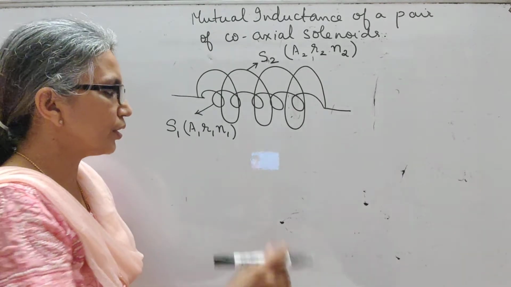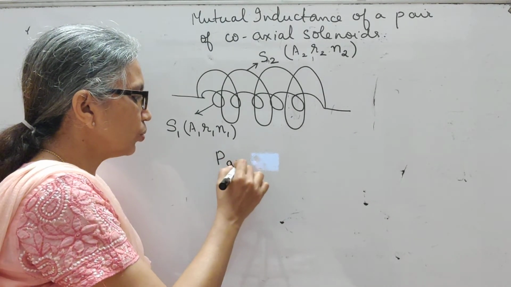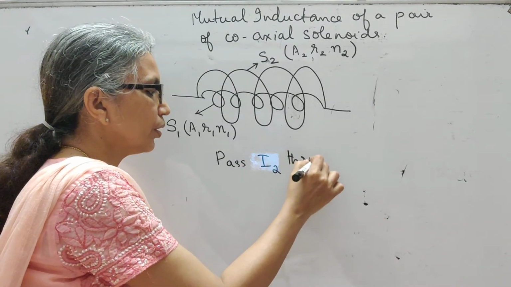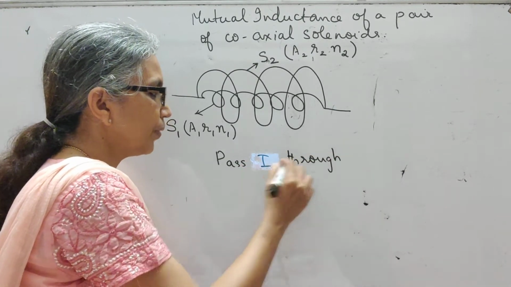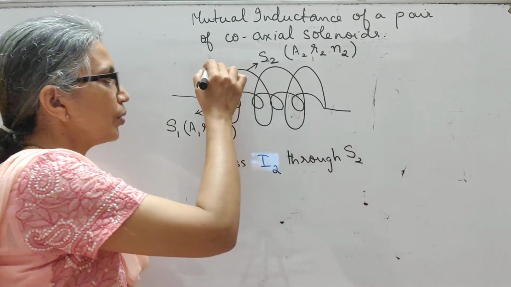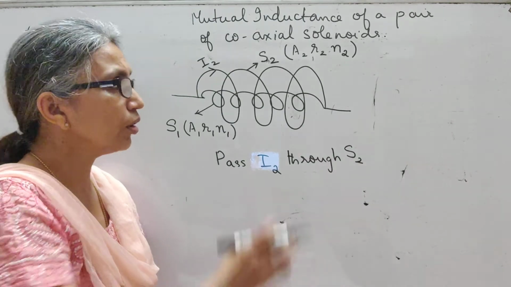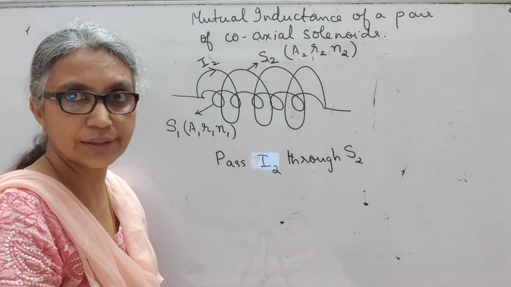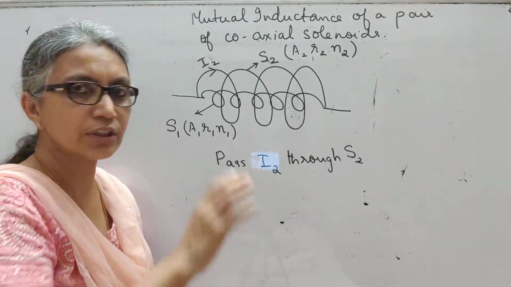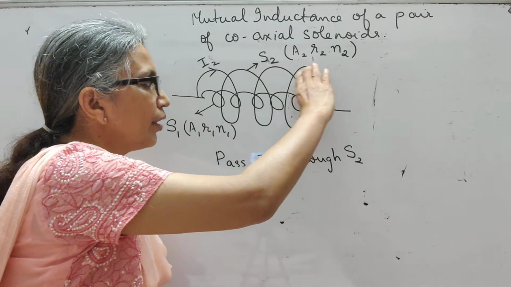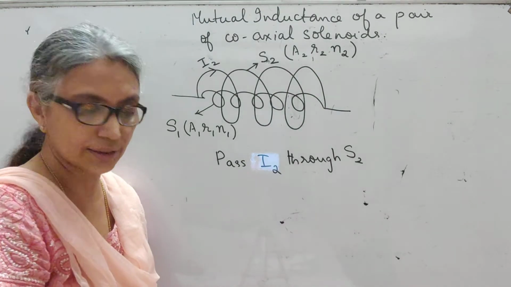Now what we are going to do is pass current I2 through S2. Now as I pass current through S2, we learned in the fourth chapter that the solenoid will have a magnetic field along the axis.